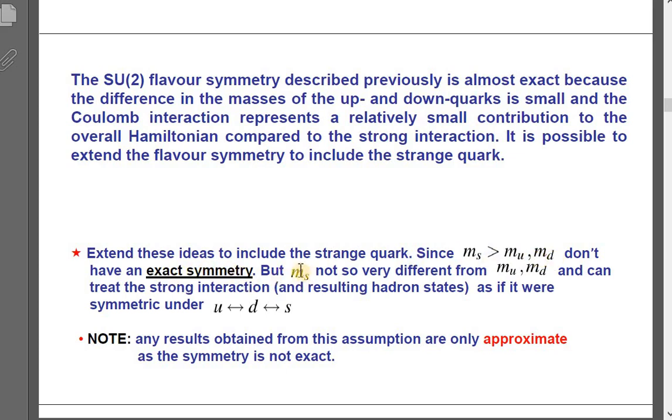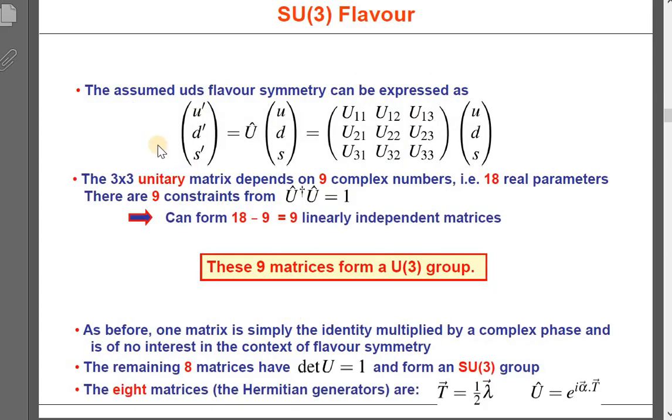But again, this mass of the s quark is not very much different from them, and so we can treat the strong interaction as if there is an approximate symmetry between the u, d and s states. So the assumed uds flavor symmetry can be expressed as this in a matrix form.